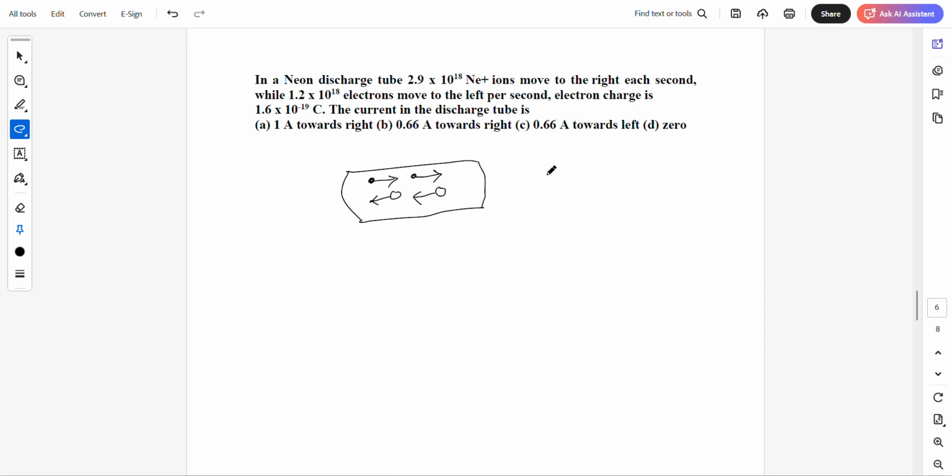Now we know that I is equal to Q by t, and that is nothing but Ne by t. Understood?